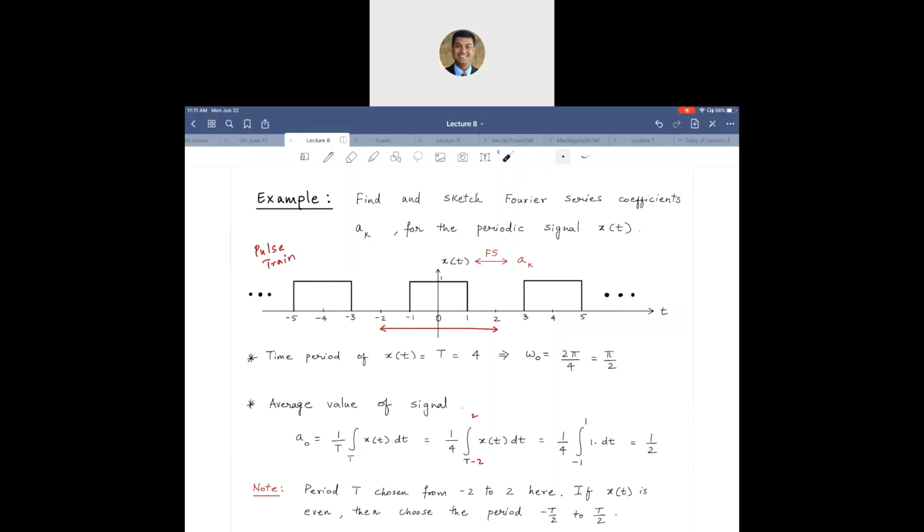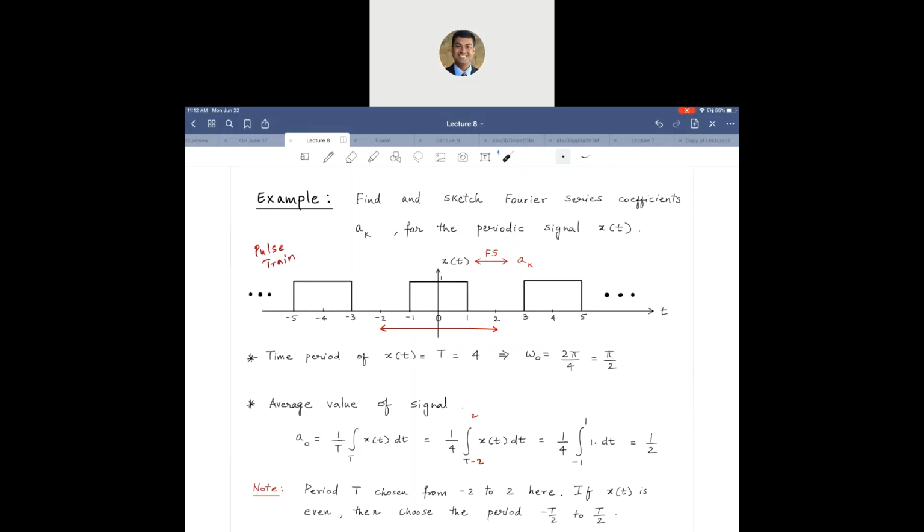But the goal is to find the Fourier series coefficients based on a particular formula that we derived in the previous class. That derivation was based on the fact that we can take an orthogonal set of exponential functions and project any periodic signal onto each of those functions in the orthogonal set, which in this case are the complex exponentials, and then we sum up all those projections to get back our x of t.